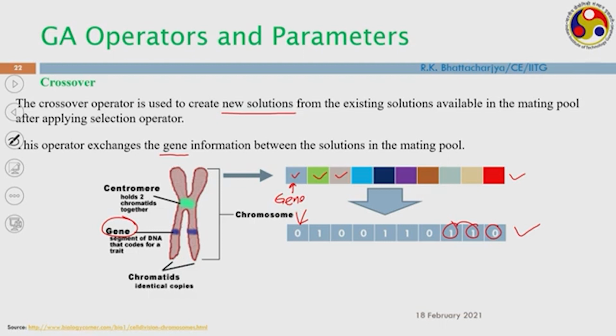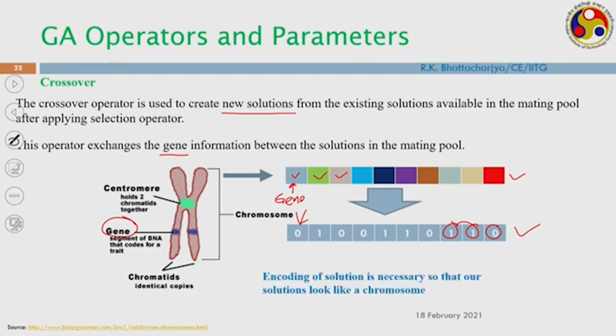I will explain how it bears those characteristics. So this is a simple chromosome with gene information, and once we convert our solution into a chromosome, I can apply the crossover operator in order to create a new solution.